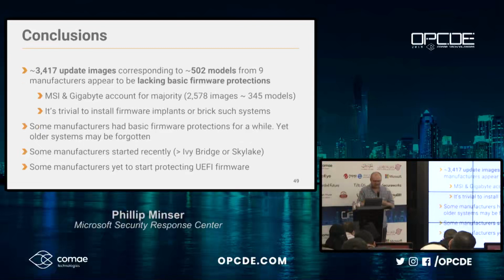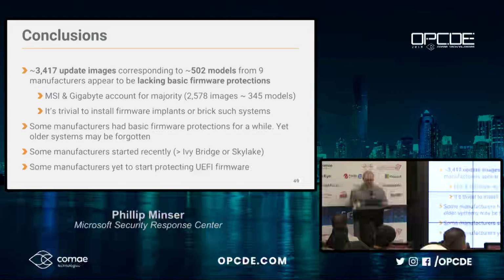As a conclusion, we analyzed a bunch of images. A bunch of them are still vulnerable to classical vulnerabilities, across more than 5,000 different models from 9 different vendors. What this means is all of these platforms can be easily implanted or bricked, meaning attackers with physical access, or during the supply chain, or through software over ring 0, can install something really persistent in your firmware which will live forever.